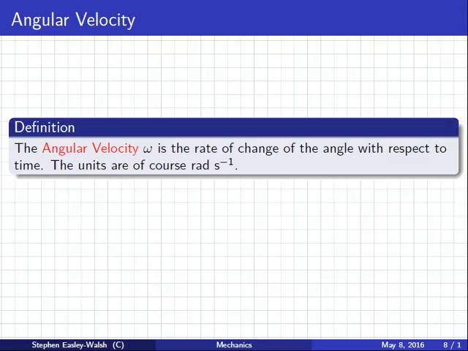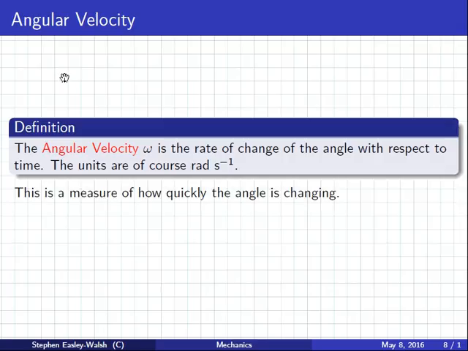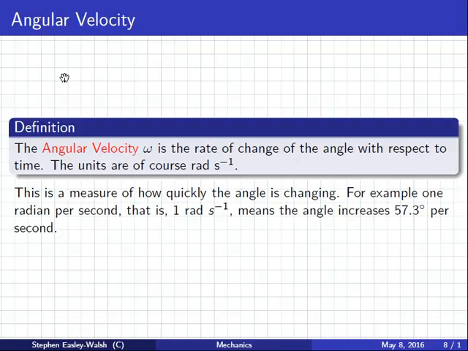So its formula will be angle upon time, the change in the angle over the change in time. You have this? Yeah. So this measures how quickly the angle is changing. For example, 1 radian per second means that the angle increases 57.3 degrees per second.